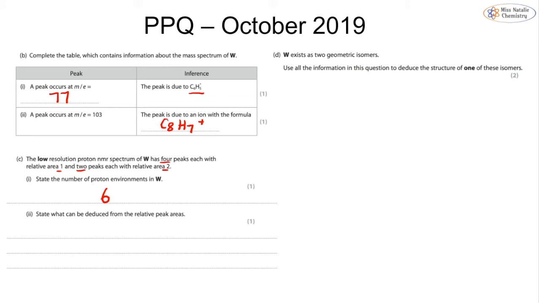Well, remember, the peak tells us how many protons there are, so we have 4 environments with 1 proton, and we have 2 environments with 2 protons.